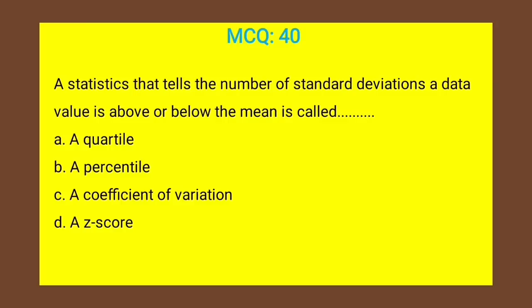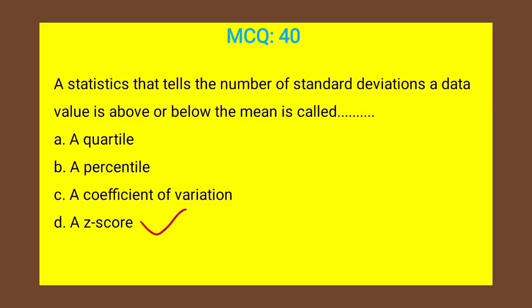We said a quartile is about divisions of 4, percentile divisions of hundreds, and coefficient of variation is about the spread of data, where we take into account the standard deviation over the arithmetic mean. But here they are talking about a data value that is above or below the mean, and we call such a statistical technique a z-score.